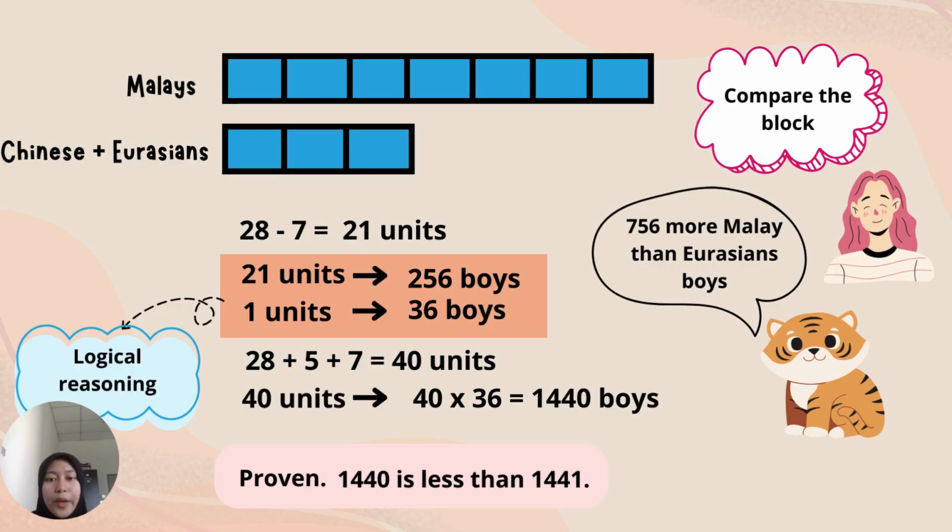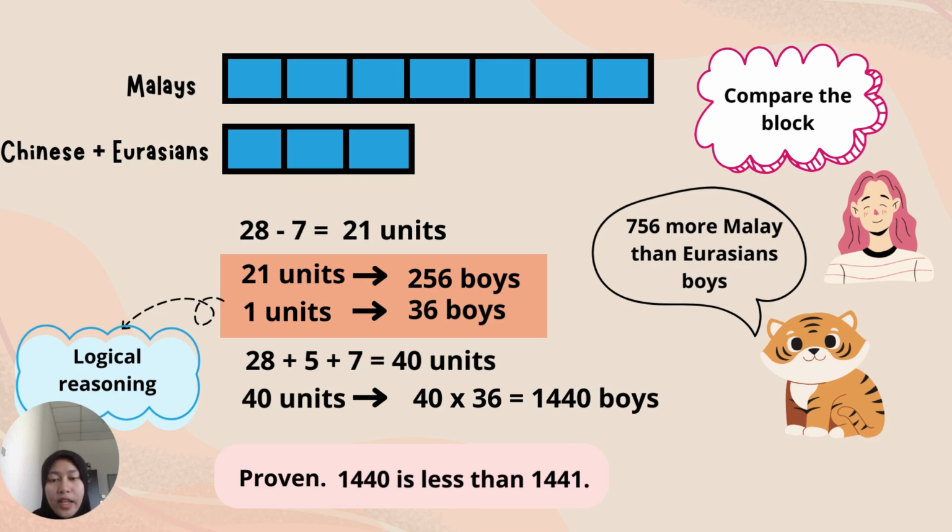Next, we compare the blocks, which means 28 minus 7, we get 21 units. And 21 units is for 756 boys, which means we can conclude that 1 unit is 36 boys. From this, the concept of computational thinking involved is logical reasoning.